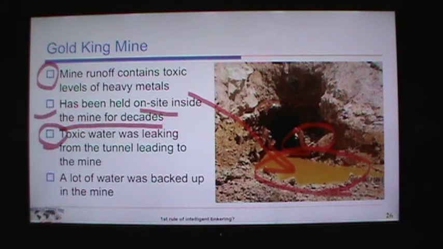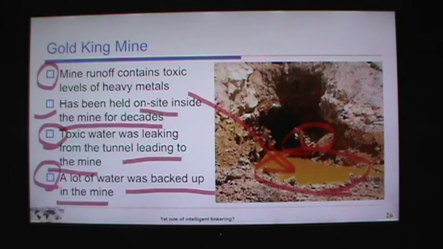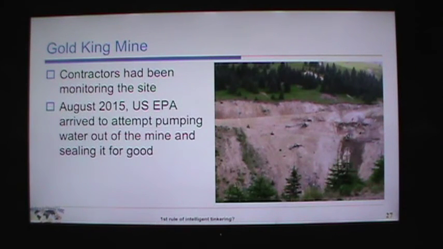Toxic water was leaking from the tunnel leading to the mine. And a lot of water was backed up in the mine. They hadn't sealed the mine from having water in it. So a lot of water backed up, with this caustic, toxic water trying to leak out. Contractors had been working to monitor the site.